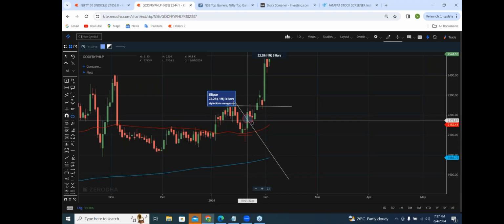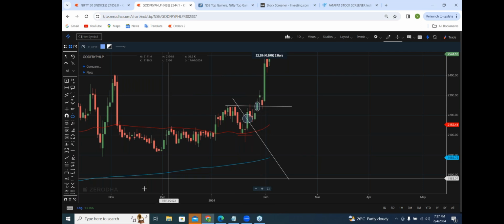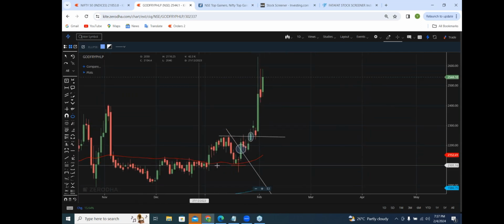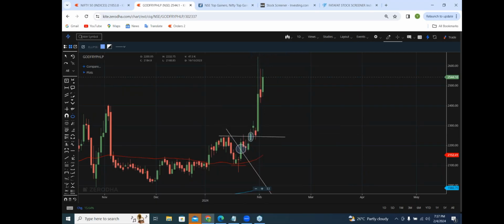The breakout of the bearish trend line is the first confirmation, and breaking this previous swing high will act as a double confirmation, right? So then the probability of getting 10% is very high. Please stick to the 10% target because that is easy to achieve. And also you can rotate the same capital on different stocks. I want you guys to practice the skill on different stocks as well.